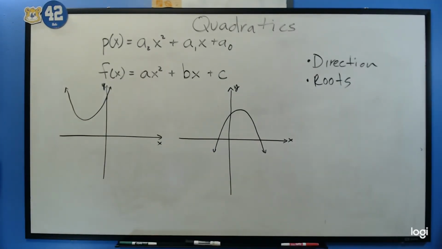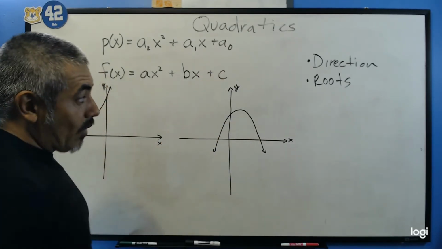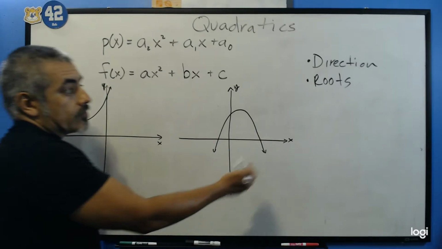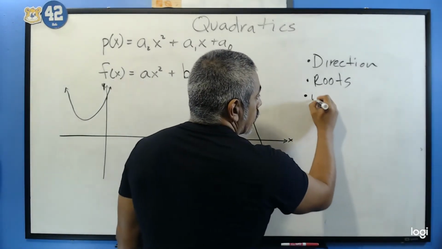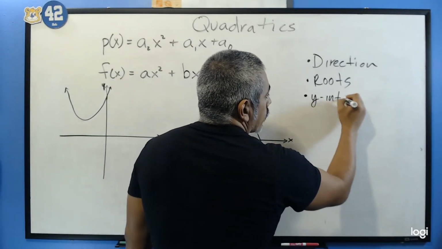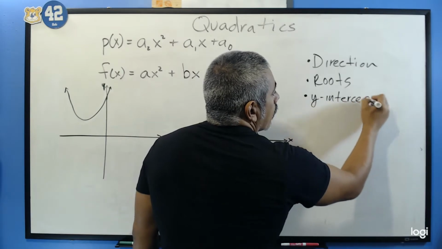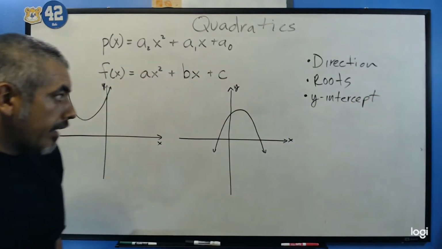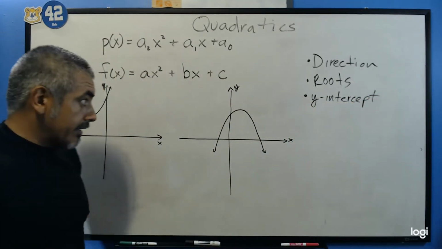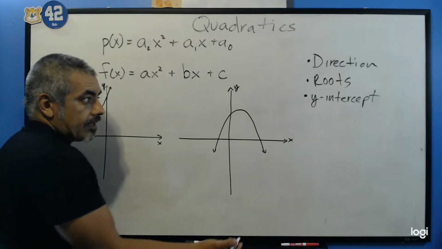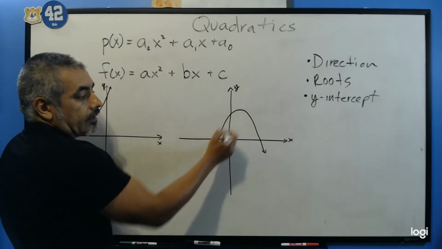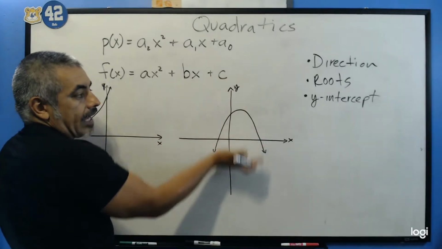Other points of interest? Well, since we looked at the x-intercept, we might as well look at the y-intercept as well. And so that's another one that's going to become important, the y-intercept. And finally, for now at least, we have this point which this parabola does not go above.